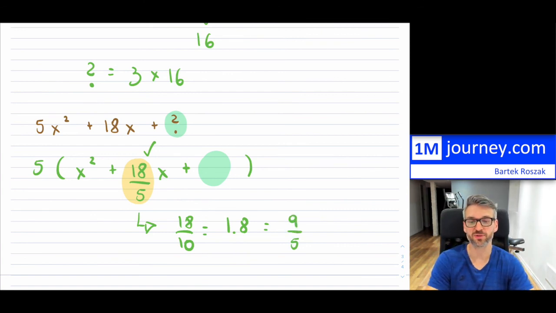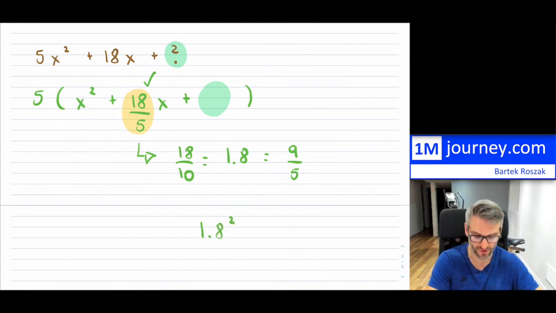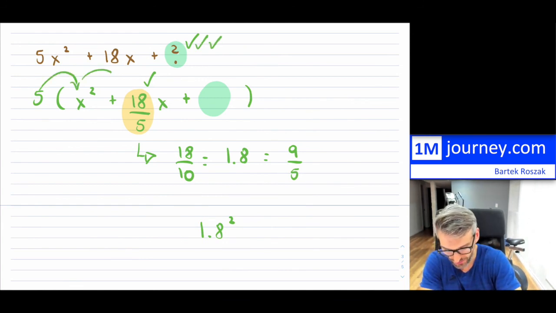That's divided by 2, but we have to square that, right? So if we're going to be squaring it, it's going to be 1.8 squared or 9 over 5 squared. Doesn't matter. And then finally, if you want to know what the original question mark or the original C is, you would have to bring in the 5 back. All right.